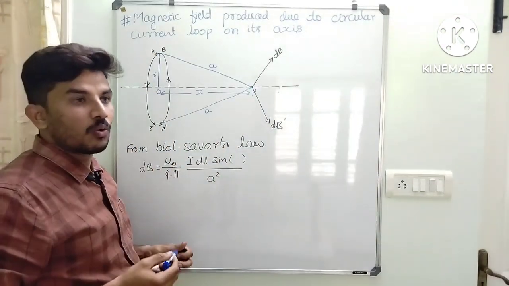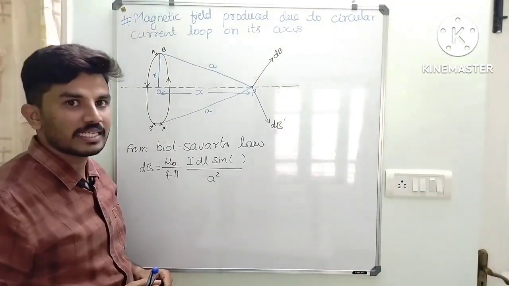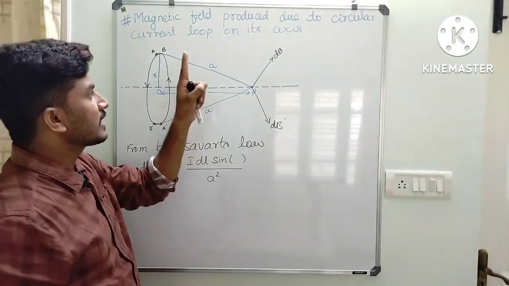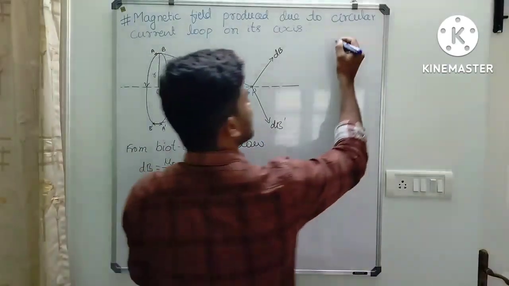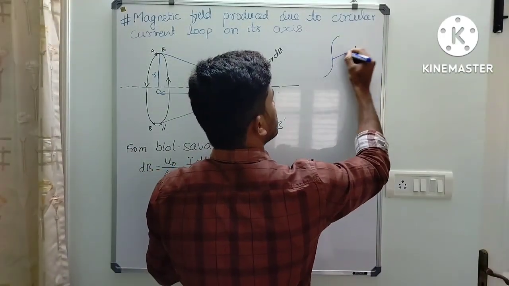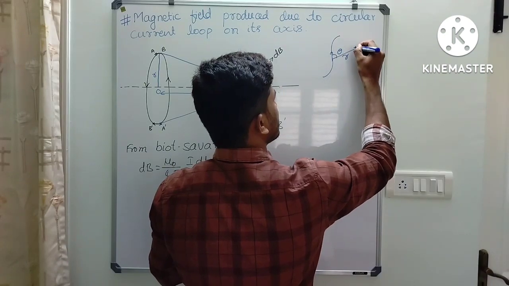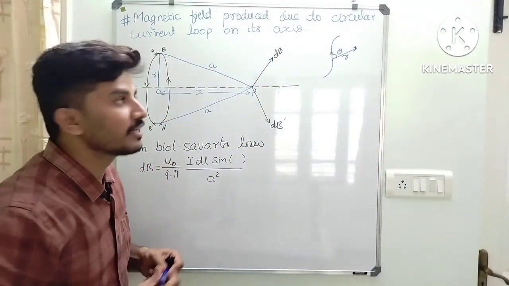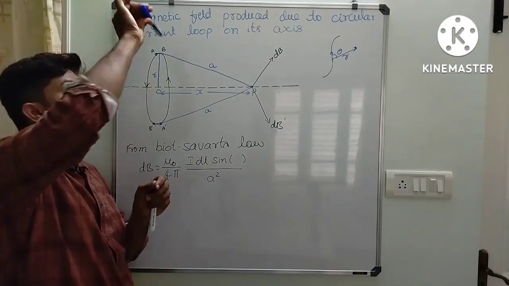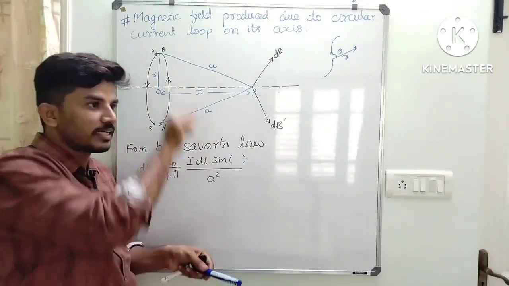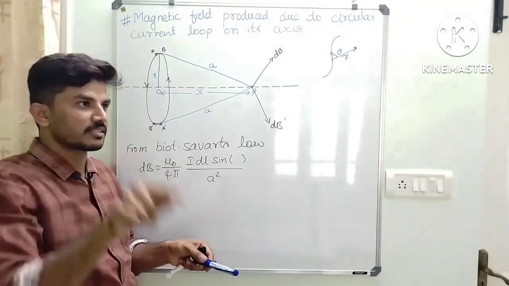And one more thing, what is this theta? Theta is the angle between the current carrying conductor and the distance r. Here the direction of AB is like this. The circular loop is like this, not like this, it is like this.